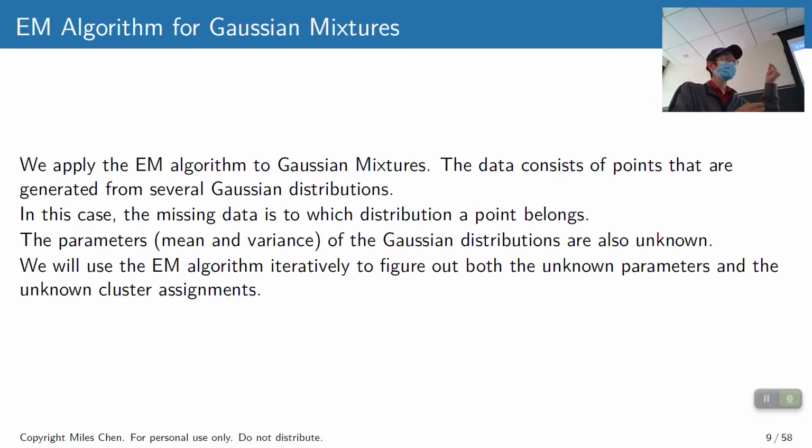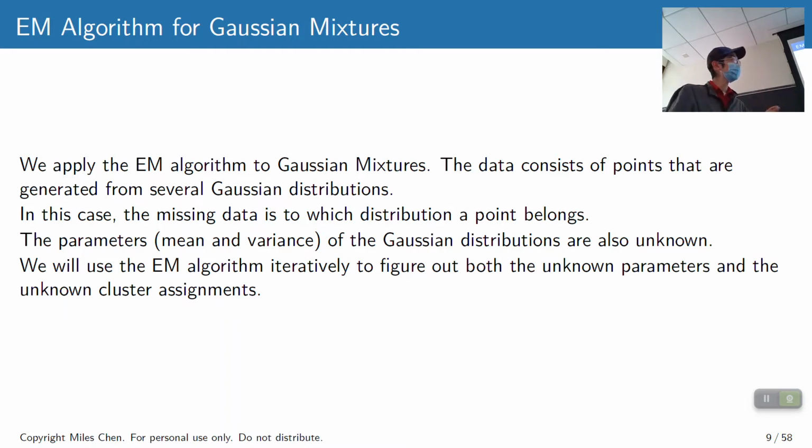So when we observe some person's height, say 5'6", we don't know which distribution this value came from. That's the missing values. We also don't know the mean and variance of the normal distributions. We don't know the mean and variance of distribution 1, or of distribution 2, or things like that.